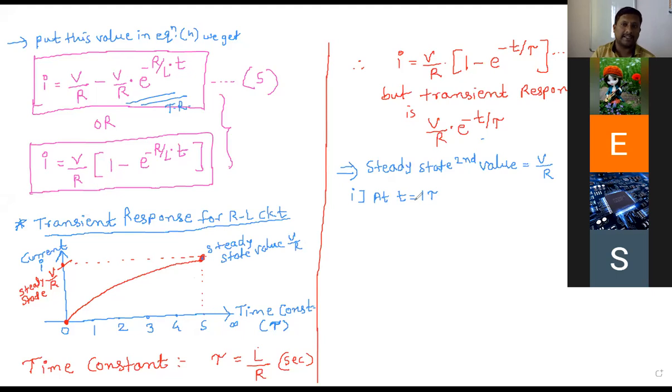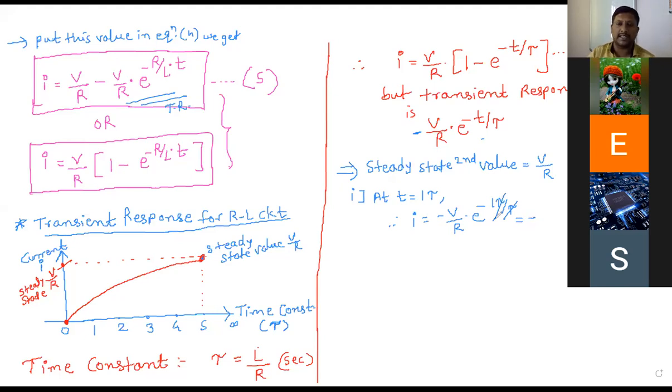So at t is equal to 1 tau, if you are putting in this transient response, म्हणजे इथं मायनस करूया आपण. So what will be the answer here? I is equal to minus V by R into e raised to minus t is replaced by 1 tau divided by tau as it is. So tau will get cancelled. So what is e raised to minus 1?